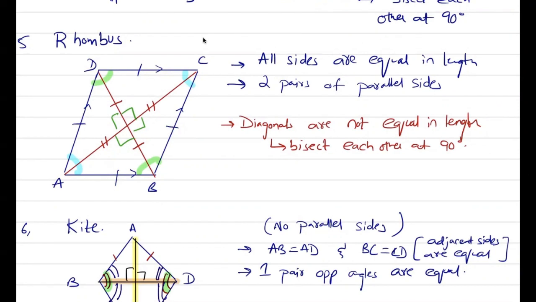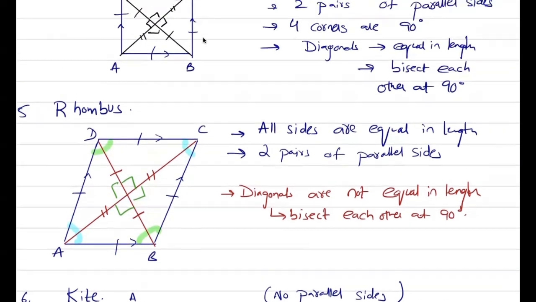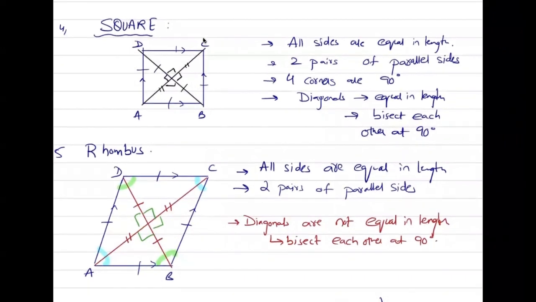The difference between the diagonals of a rhombus and the diagonals of a square is that in a square, the diagonals are equal in length, whereas in a rhombus, the diagonals are not equal in length. However, the diagonals bisect each other at 90 degrees.